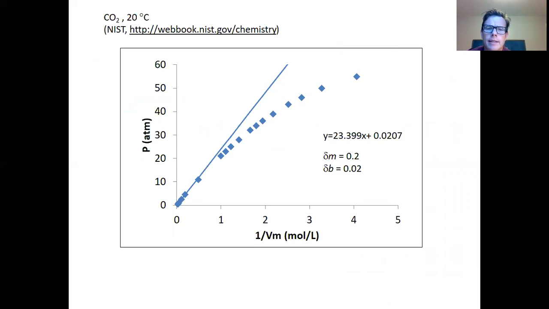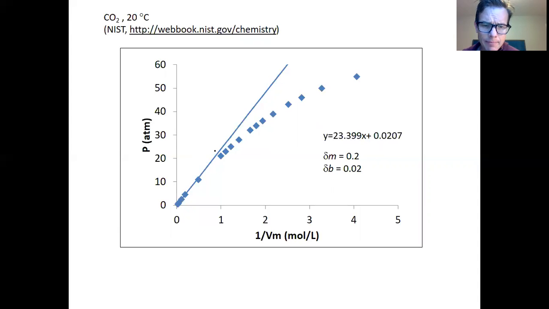Again, solid symbols are the experimental data points. This is the theoretical prediction from the ideal gas law. And you can see something really interesting. What I would predict is that I should get a straight line which goes through 0.